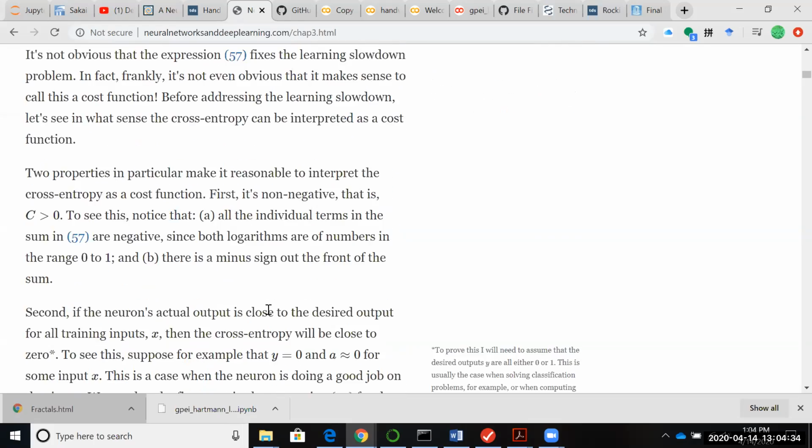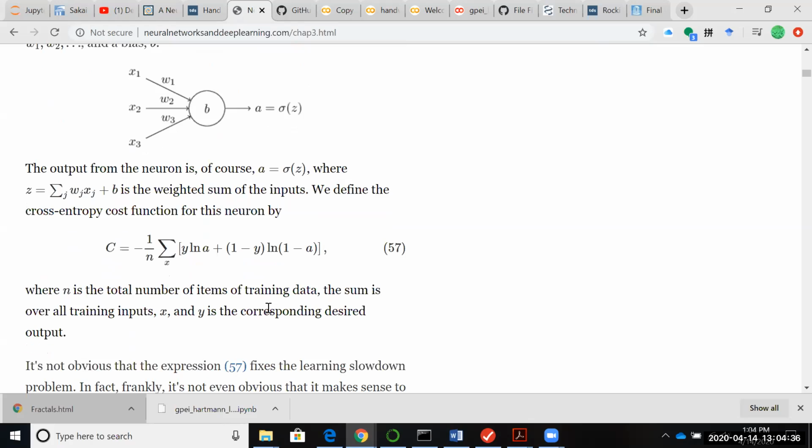So cross entropy has this unique property. If you go back to the definition, suppose your A, the probability, is very good, so A is very close to 1. Then this term goes to 0. If A is very poor, close to 0, then the other term goes to 0.